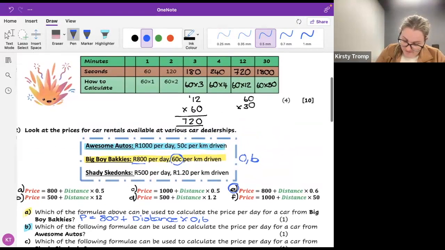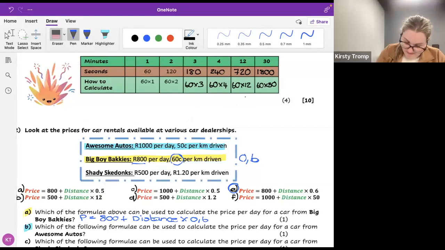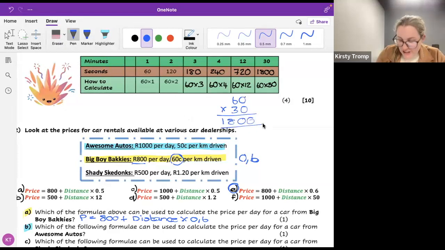So let's do an example, 60 times 30. What you can do is 6 times 3, which equals 18, and then you count the amount of zeros there, and you put 2 zeros. Well done, thank you, Umar. You are absolutely right. That is another way to do it.